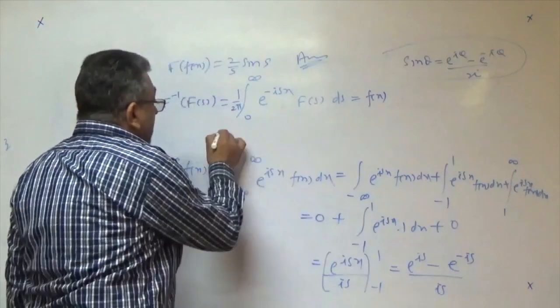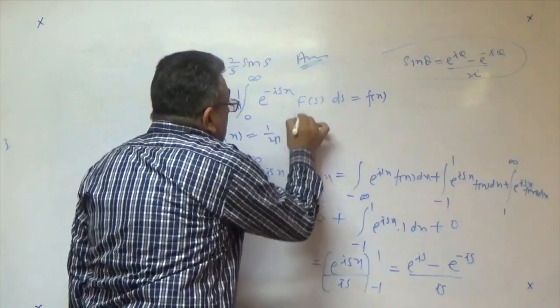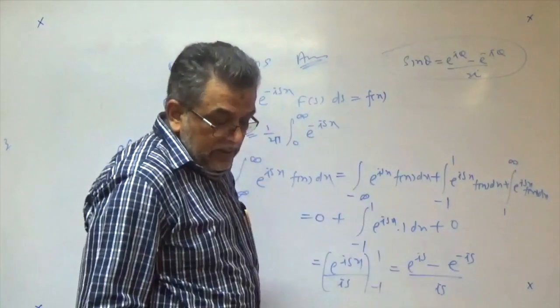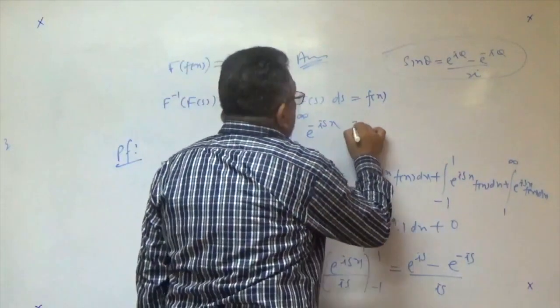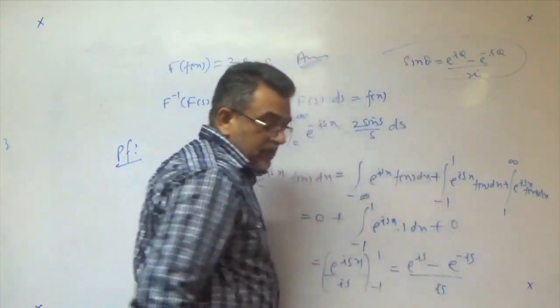So here f(x) equals 1 upon 2 pi times the integral of e to the power minus isx times F(s), which is this value 2 sine s upon s, ds.